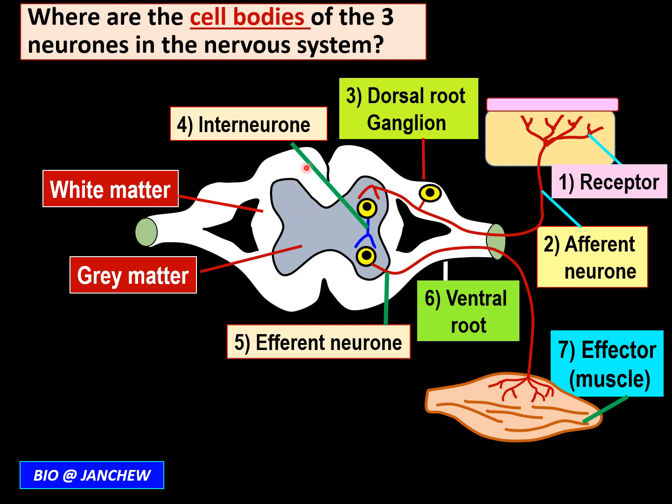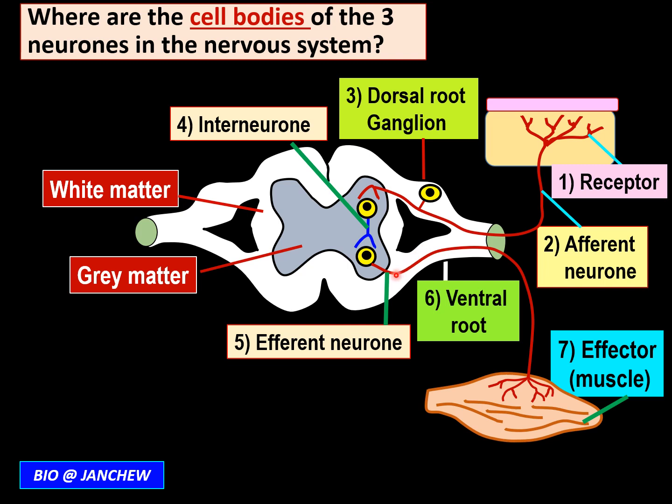Whereas the white matter, what is the white matter? The white matter is the part of the nervous system that contains a lot of these axons that have the myelin sheath. The myelin sheath has fatty substance and that is whitish or white in color.